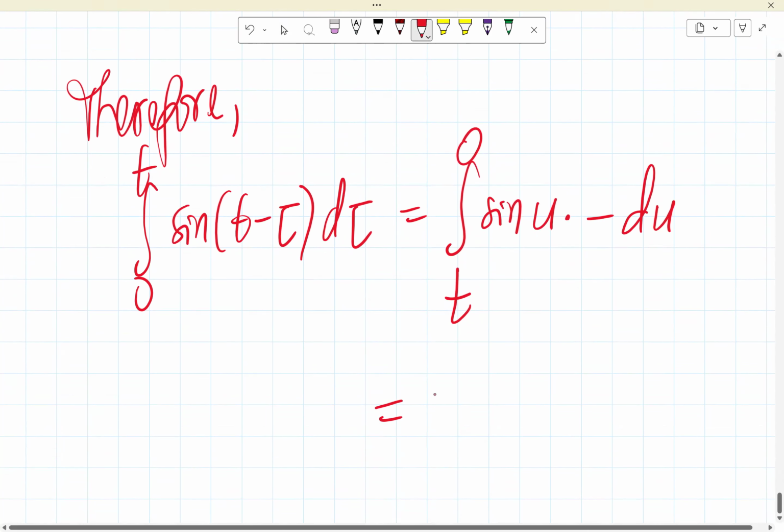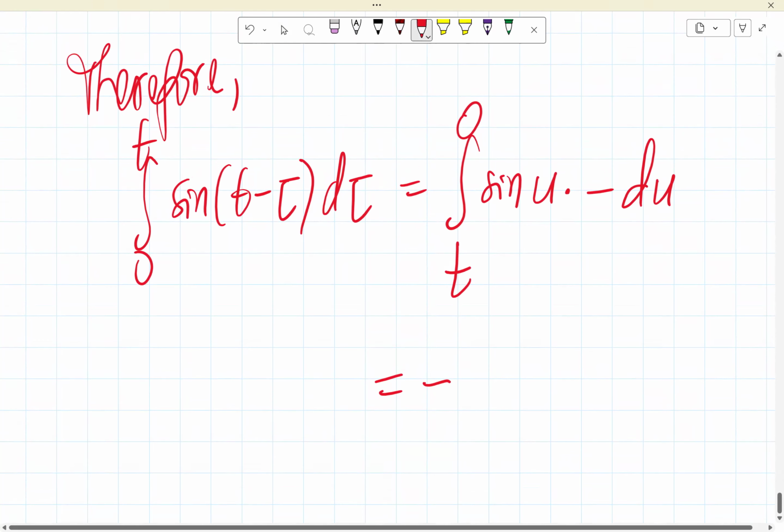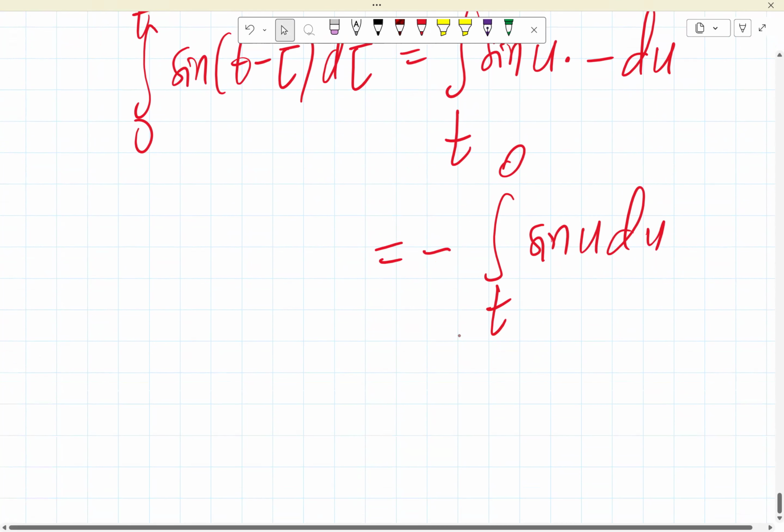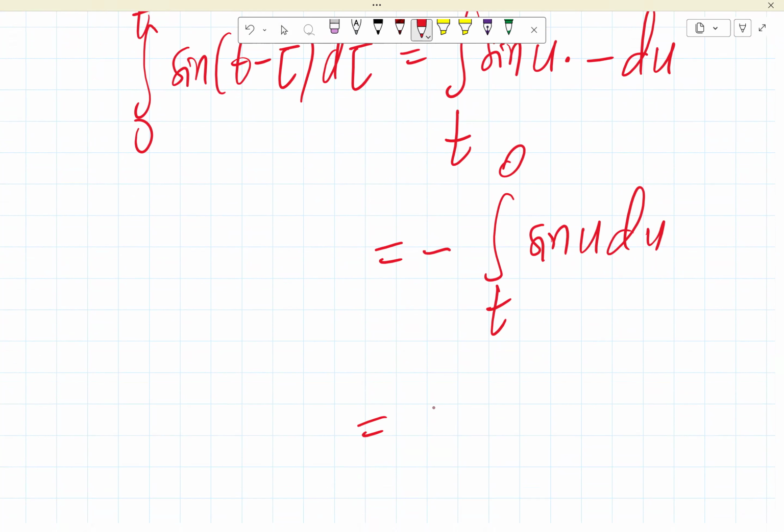So in this case we have minus the integral from t to 0 of sine u du. The minus is out, but there's a rule that with a minus sign in front, we can reverse the limits. So if we take away the minus, we have the integral from 0 to t of sine u du.